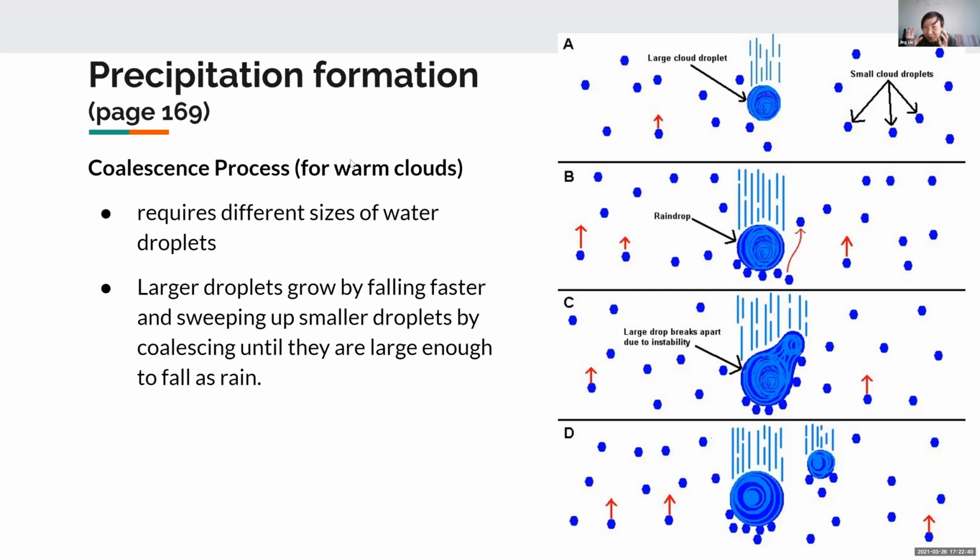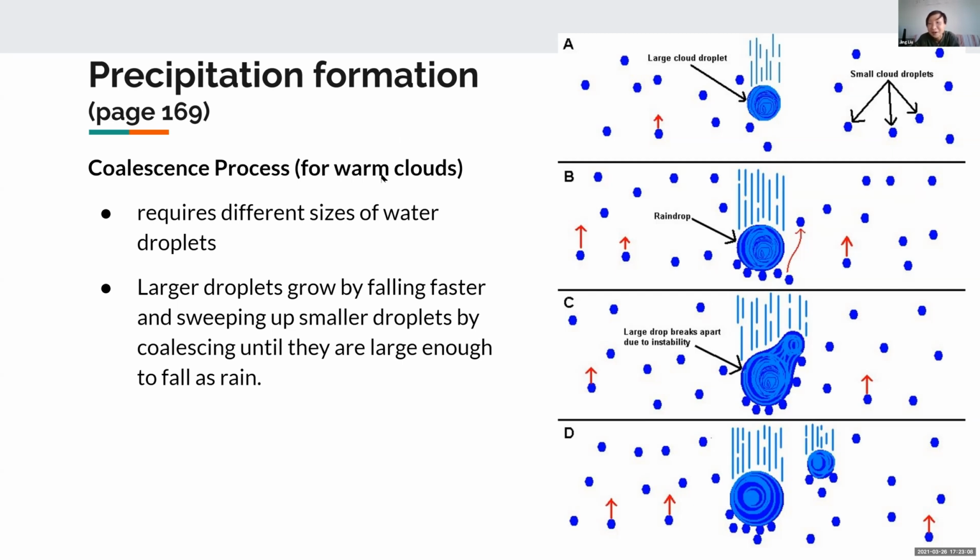Basically, a bigger droplet will attract the smaller droplets. Those water droplets are suspended in the sky, right? But when they're moving around, they will merge together and become a larger one. Then when they become heavier, they fall down, and on their way down they will incorporate more. So that is a warm cloud.